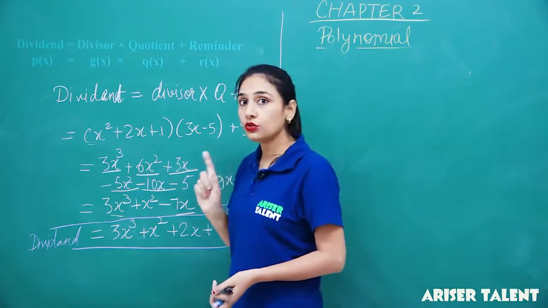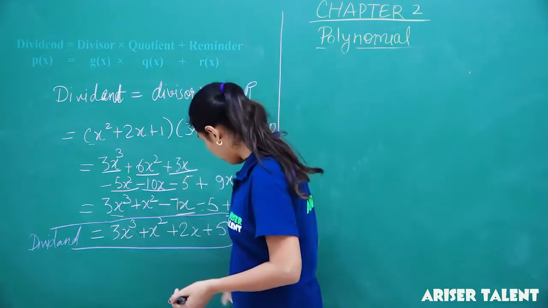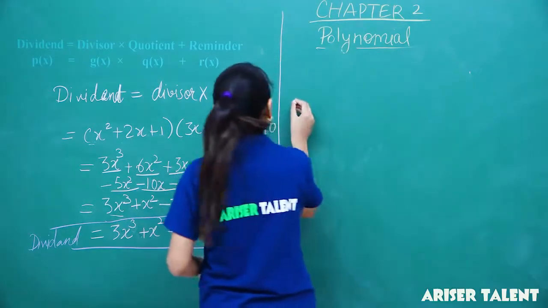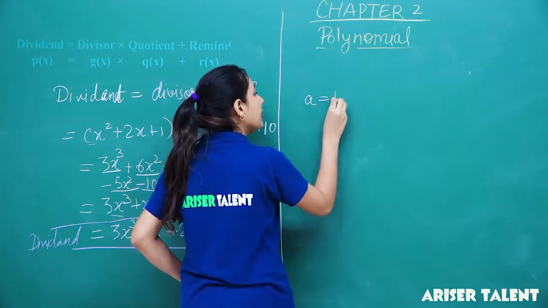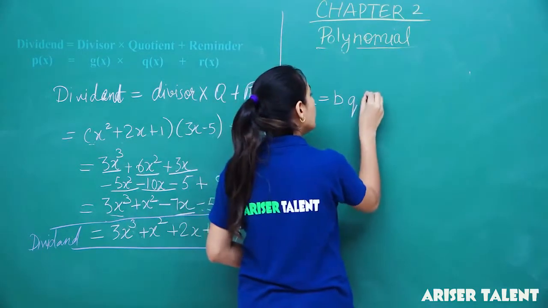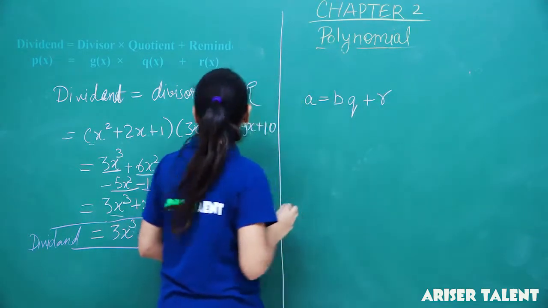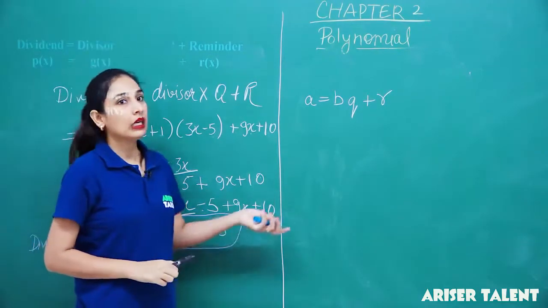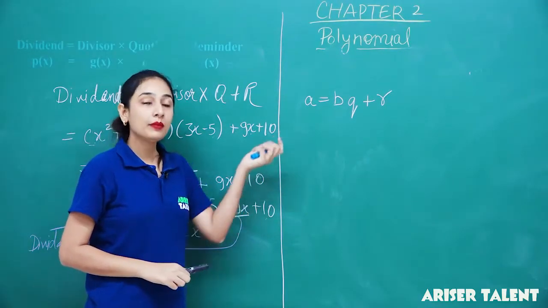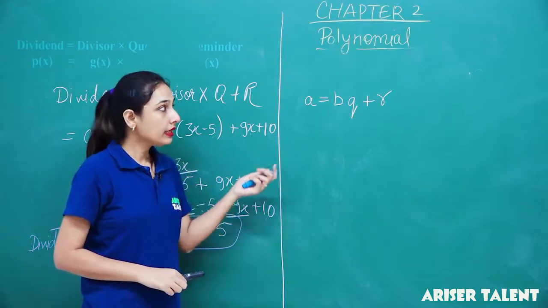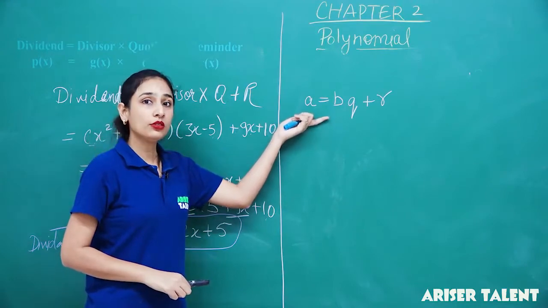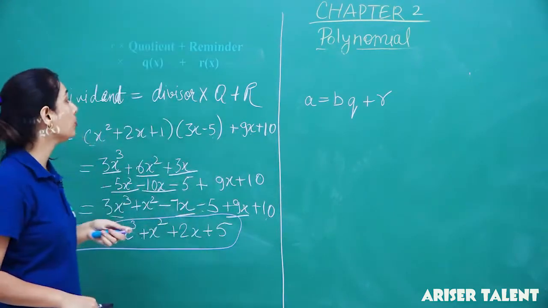Okay. Now students, look at that equation, if you remember the equation used in chapter 1, we used A equals to BQ plus R. Okay. In that we used some real numbers. In this we are using, this was for positive integers and this is for polynomials.